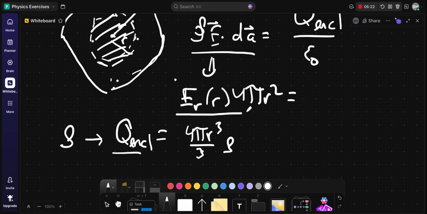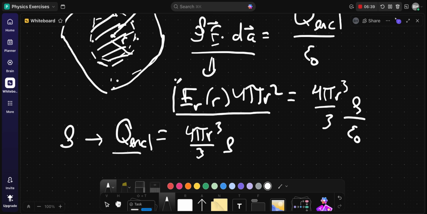Now we can put this together and look what happens. We have the flux integral, which we evaluated from before, and we have Q enclosed, which is 4 pi r cubed divided by 3 times rho, and we of course need this epsilon 0. This is our important equation.